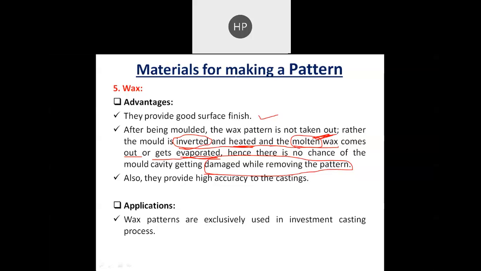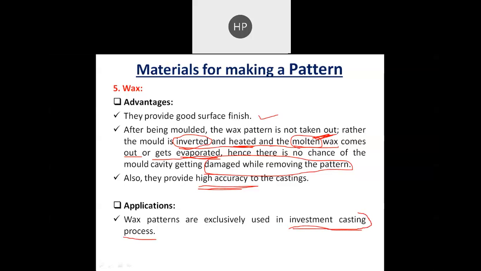This is another advantage, that it has high accuracy. So as I told you, in jewelry making or some small and sophisticated parts, we require high accuracy, so in that case we can use a wax pattern. And wax patterns are used in the investment casting process. Okay, so what is the investment casting process, that we are going to discuss in our upcoming lecture.